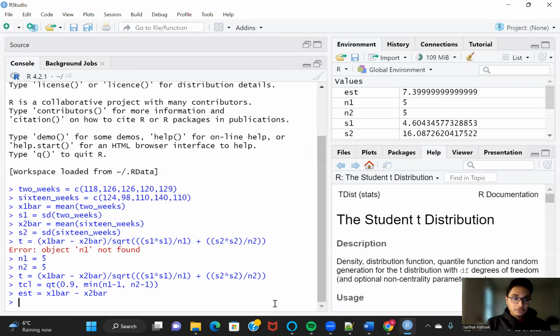So to calculate t critical for this case, I'll take it as TCL is equal to, this time, 0.95. In the last question, when we were calculating using our 5-step procedure, we took it as 0.9 because it was one-sided. Here, because we are calculating the confidence interval and the confidence interval is always two-sided, we are taking 0.95, and my degree of freedom is going to be the same, n1 minus 1 comma n2 minus 1.